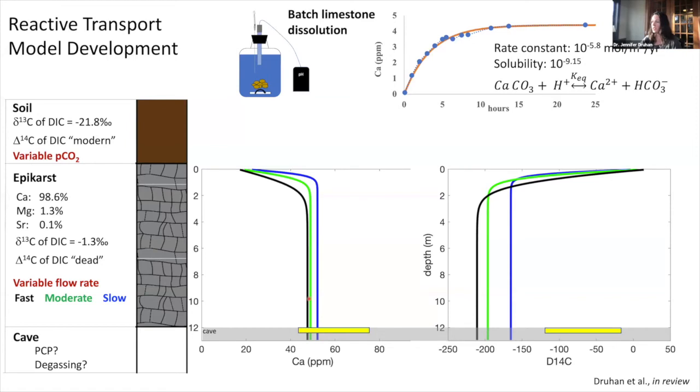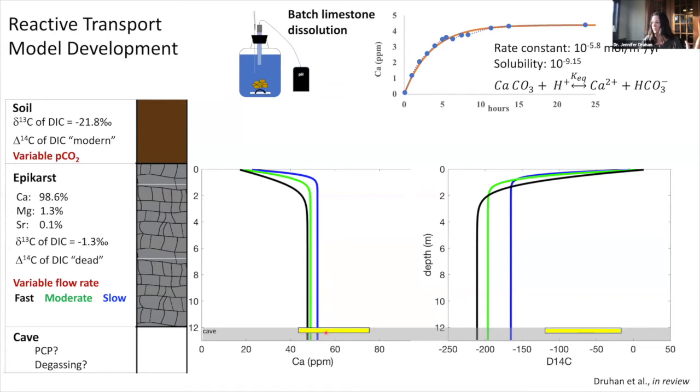And what you see is that if we just slap the parameters for the reactivity that we constrained in the lab into this model and run it, then in yellow down here, what we find is good comparison between the model results and the values of calcium concentration in the drip waters emerging in this cave.